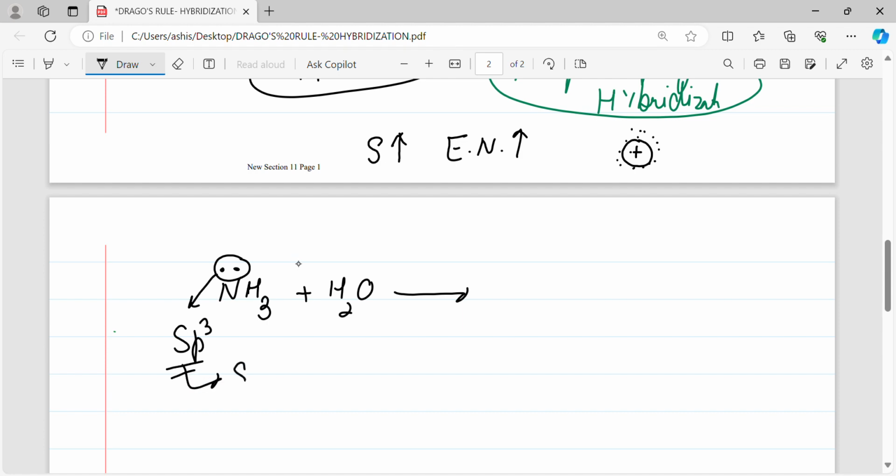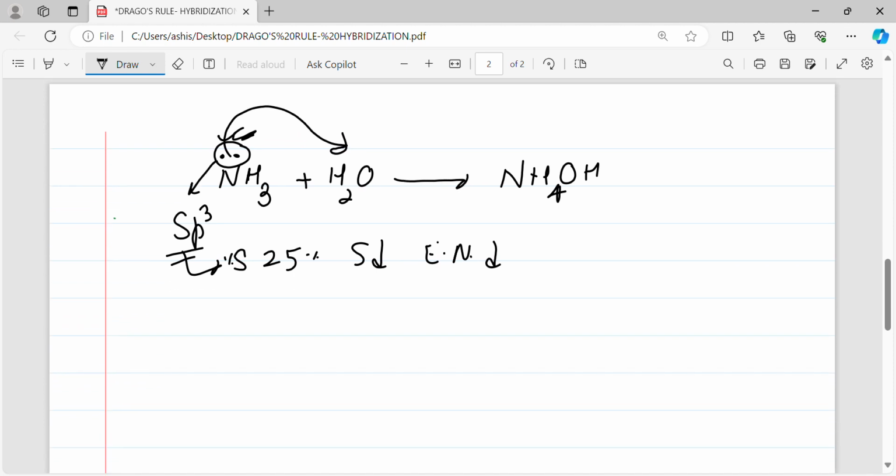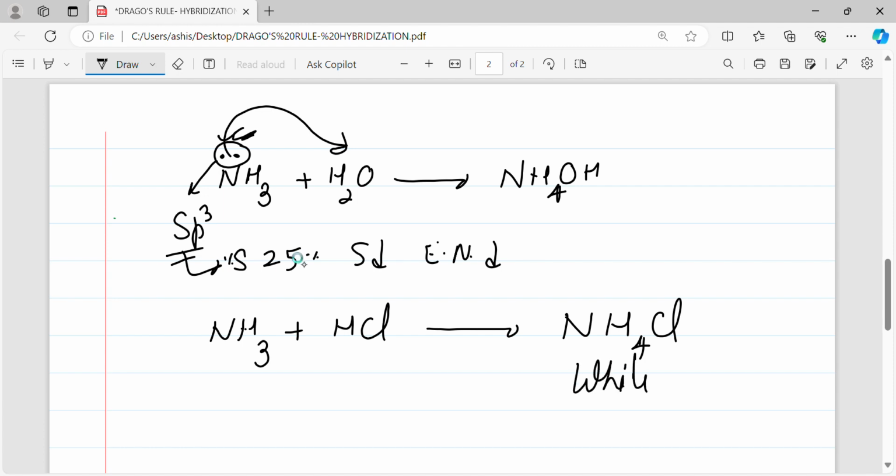That is the reason that NH3 can be easily dissolved in water, because in NH3 the lone pair are present in an sp3 hybridized orbital, in which s character is 25%. So s character is less, that's why electronegativity is less. So these lone pair are far from the nucleus and can be easily donated to water, and we will get NH4OH, and ammonia can easily dissolve in water.